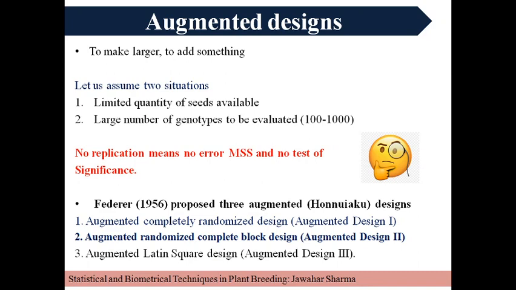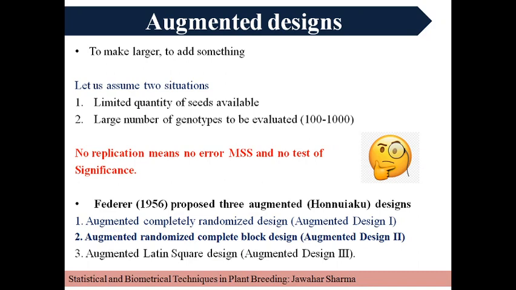He actually proposed three designs: augmented completely randomized design, called augmented design 1; augmented randomized complete block design, augmented design 2; and augmented Latin square design, also called augmented design 3. However, augmented design 1 and 2 are generally used in experiments.